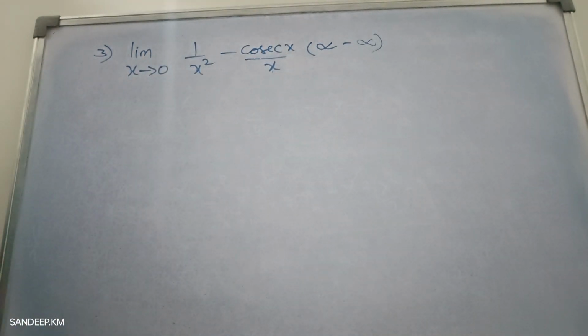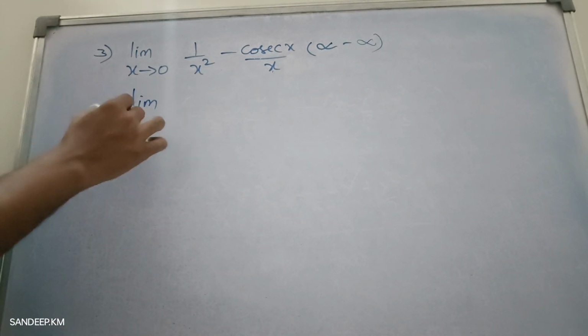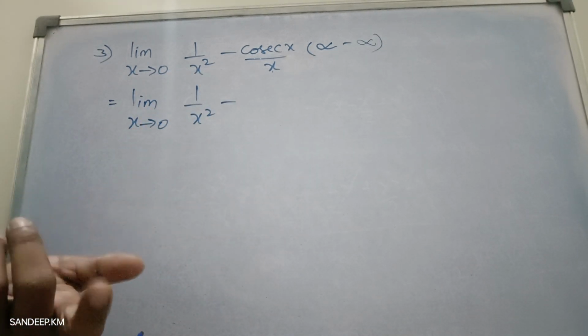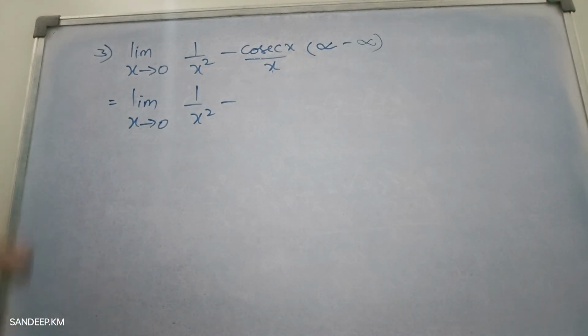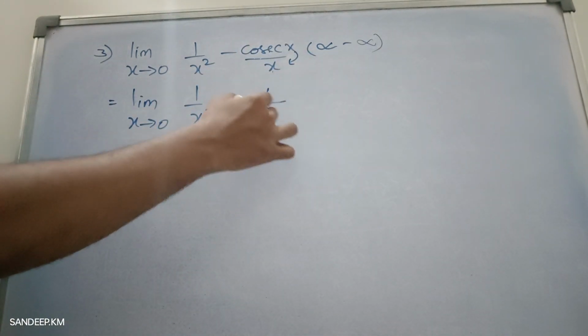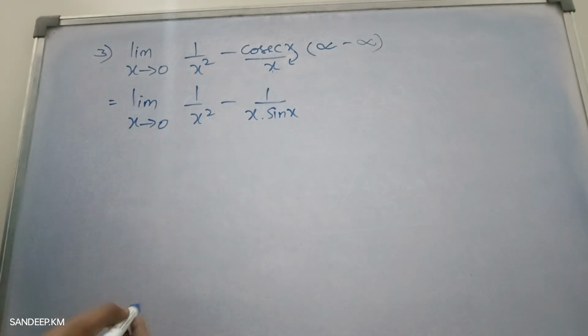Now let us see how to solve this question. Limit x approaches 0, let me see how to simplify it. 1 by x square minus, we don't remember the cosecant x expansion, we remember only the sin x expansion. So I'll take cosecant x to the denominator, 1 divided by x into sin x. Now let me take the common denominator.